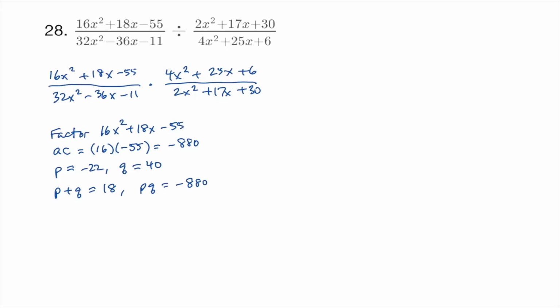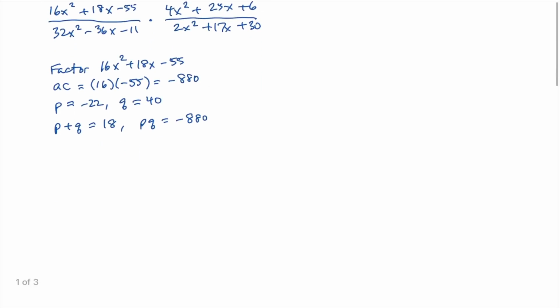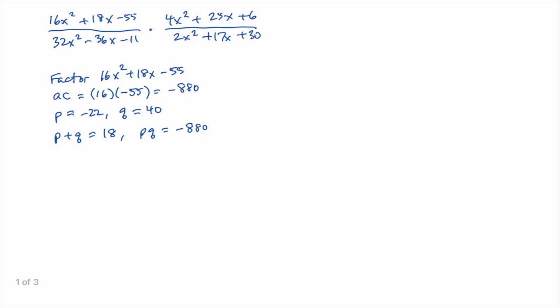Now we take our 16x squared plus 18x minus 55 and rewrite it as 16x squared plus px. Our p is minus 22, so minus 22x, plus 40x minus 55.